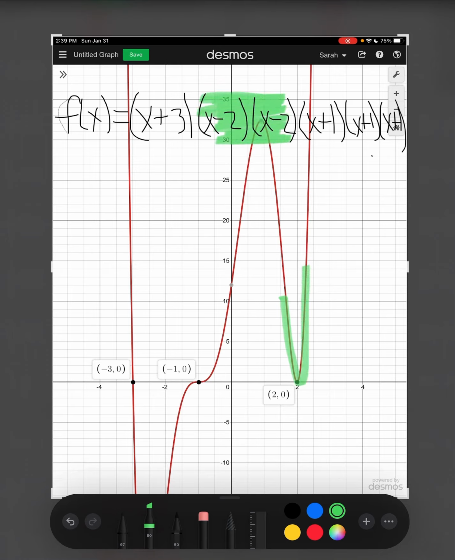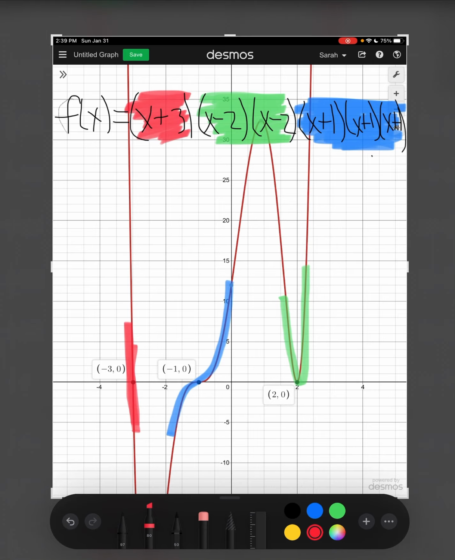And notice how that factor is repeated twice. Where we had this curvy spot, that factor is repeated 3 times. I expanded that. And where we had the almost a straight line but not quite, that factor was repeated only once.